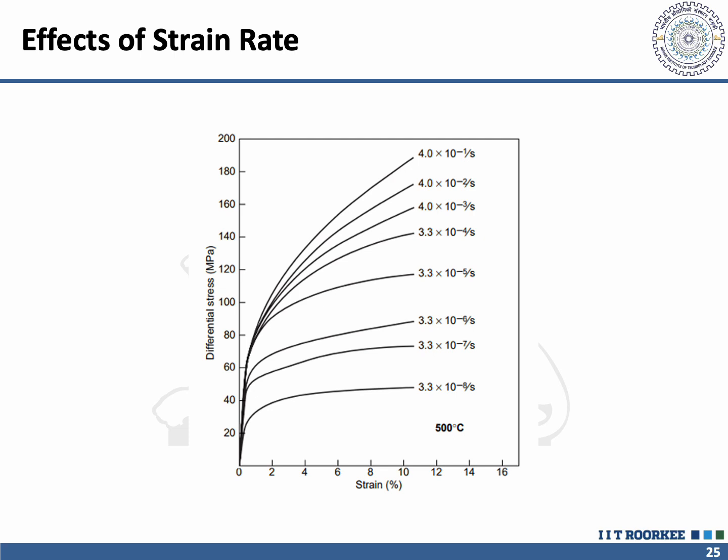At low strain rate, it requires less stress to deform. The material is weaker but more ductile. It allows more strain over time. For example, at 3.3 × 10^-9 second inverse, it shows flatter curves and lower stress.